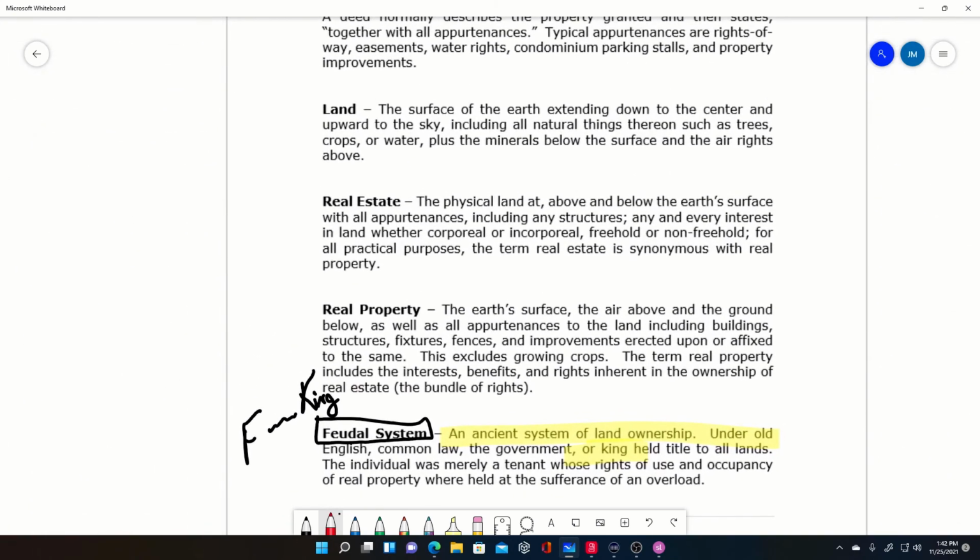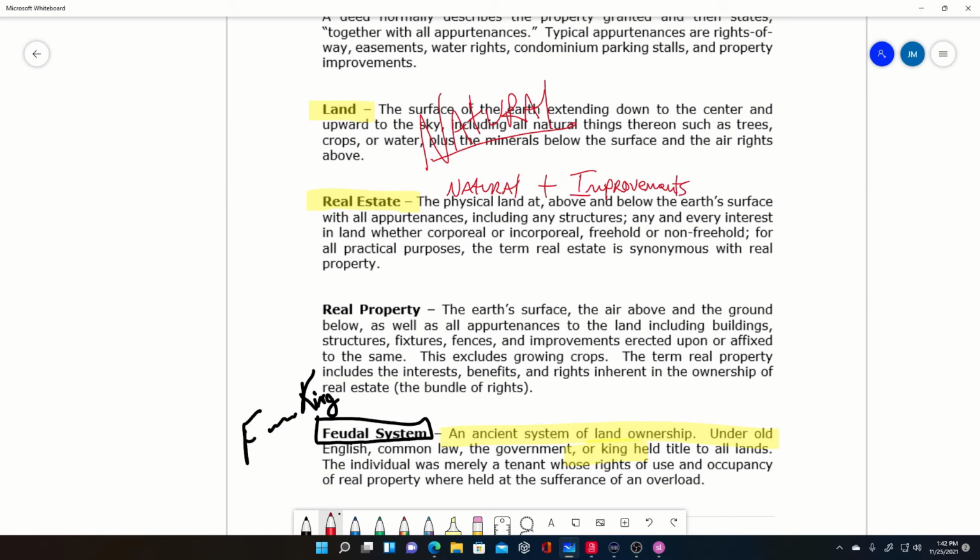Now again, we talked about the definition of land, and we always want to automatically think of what? Natural. I'm going to put N-A-T-U-R-A-L right there, the natural items, right? The definition of real estate is natural plus improvements. Could be man-made, could be the improvements.